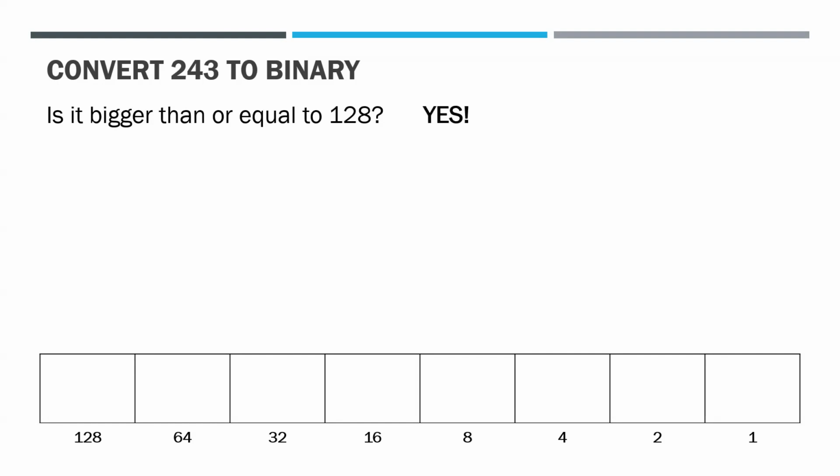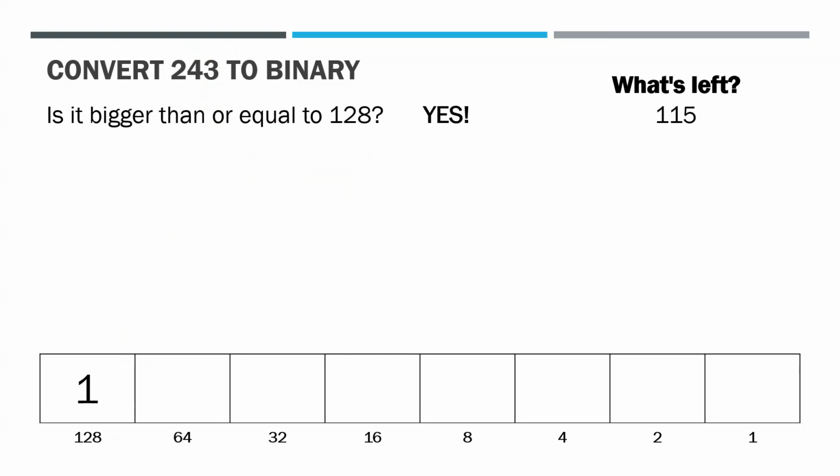Well, that means there's a 128 in 243, so we put a 1 here in the 128s place. But obviously 243 is bigger than 128, so there's going to be some left over, right? Subtracting 128 from 243 gives us a remainder of 115. I won't make you do that one in your head.